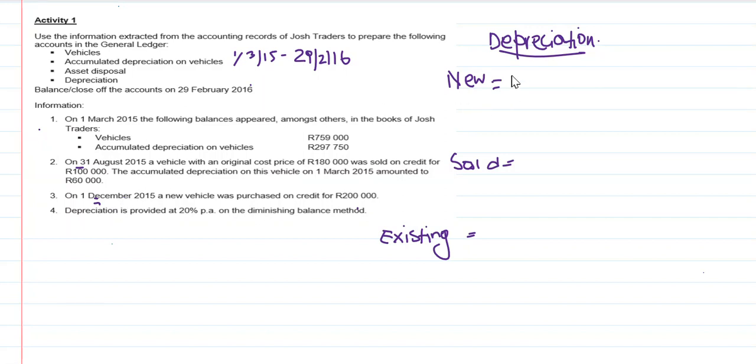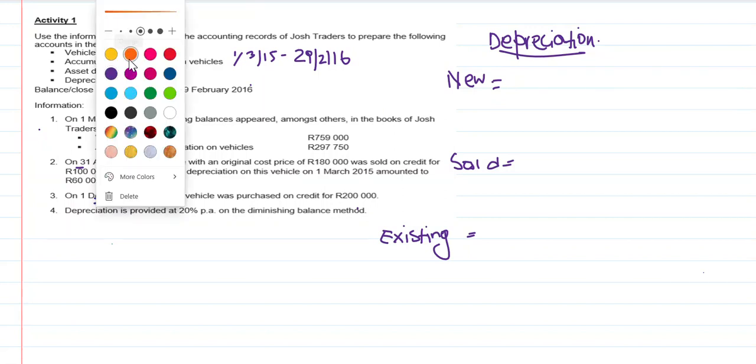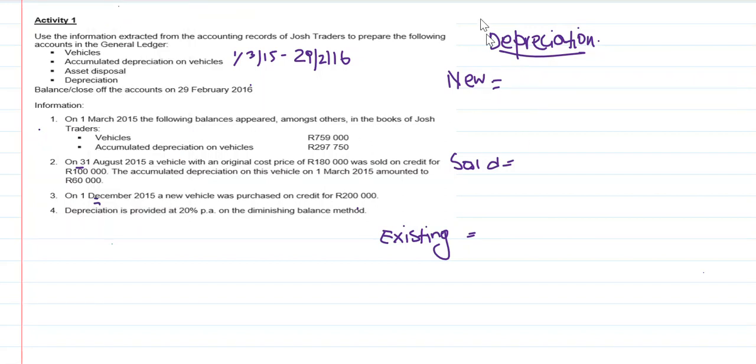Since it happened on the 1st of December, we just say 200,000 rand multiplied by 20% and multiplied by 3/12.